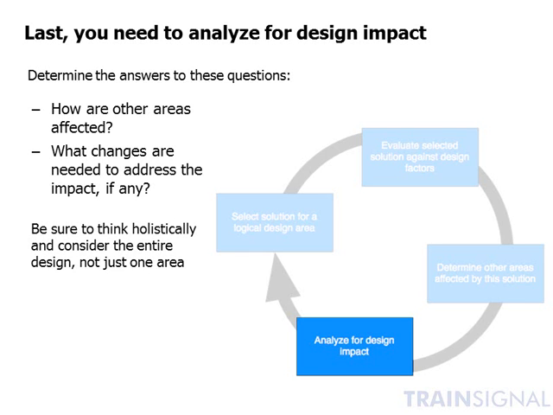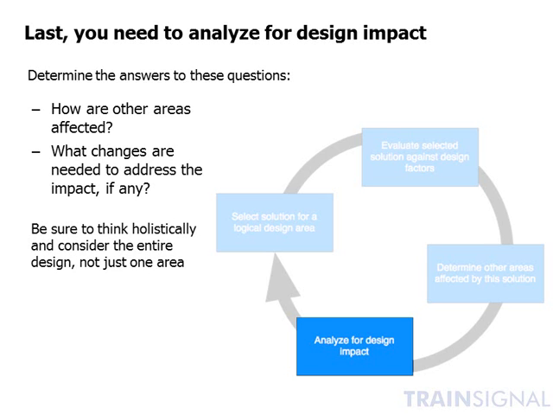As the architect for the environment, you need to make sure that you continue to think holistically and consider the entire design. Consider that all of these areas are inextricably interlinked and will have lots of relationships and lots of dependencies in other areas. Your job is to elaborate on all those dependencies, explore all those dependencies, and make sure that you can account for the various ways in which the design will be affected by various choices in these areas.